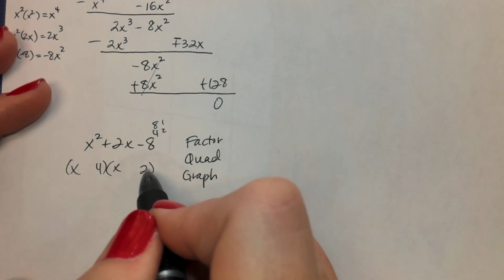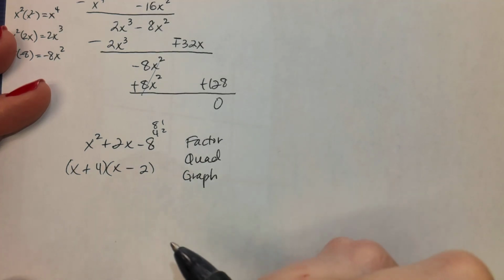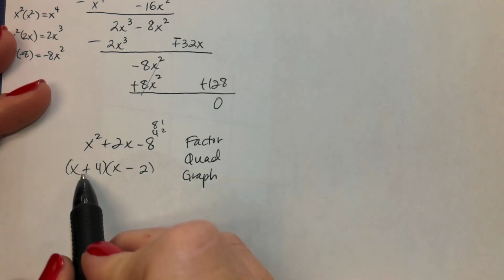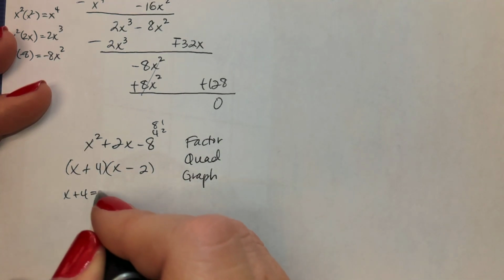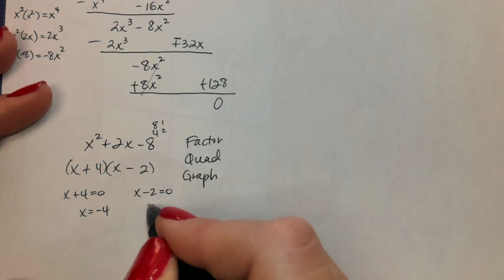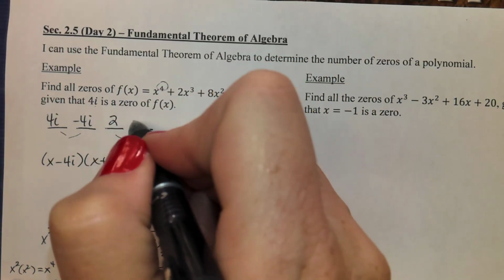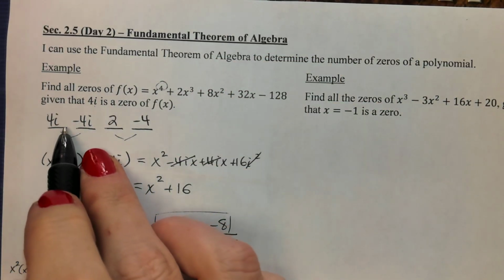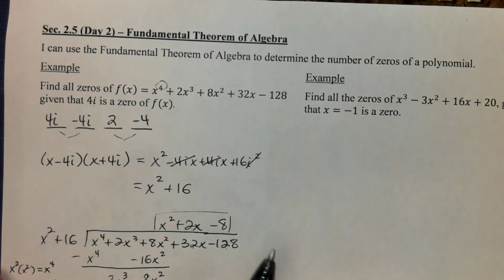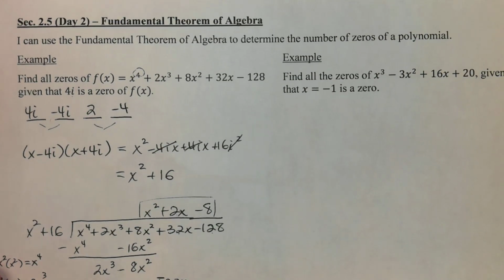That's the only option that can get me to a 2. The 4 is positive and that one's negative. So my zero here is negative 4, and my zero here is 2. So 2 and negative 4, I'm going to add them to the list, and now I have all of the zeros in this function: 2 imaginary and 2 real.